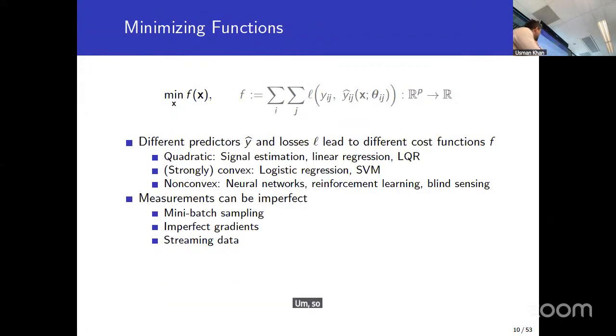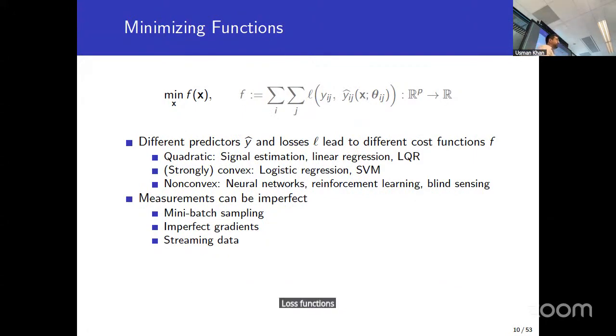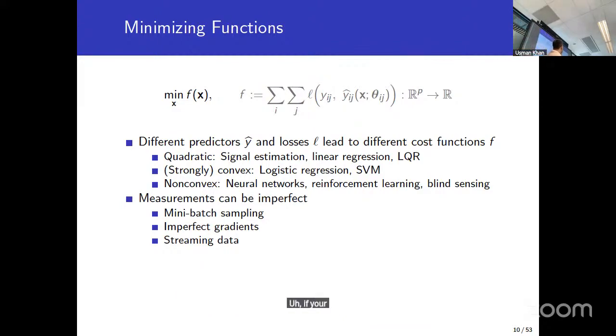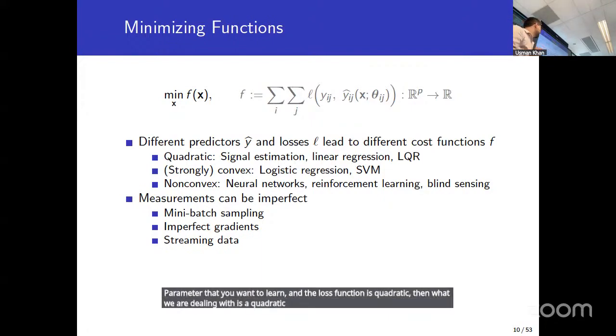So we know from our background, signal processing, control, etc., that different loss functions will lead to different minimization problems. So for example, in a simple signal plus noise type of model, if your y hat is a linear predictor of the underlying parameter that you want to learn, and the loss function is quadratic, then what we are dealing with is a quadratic optimization problem.